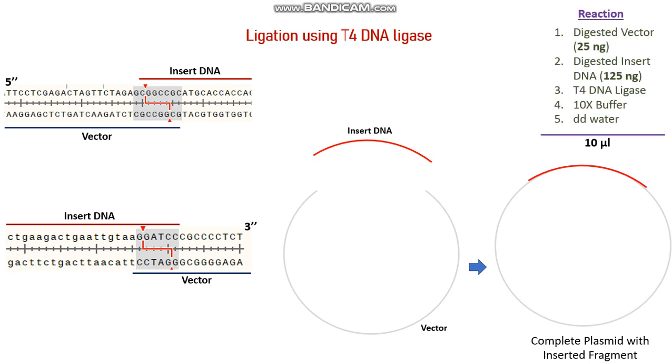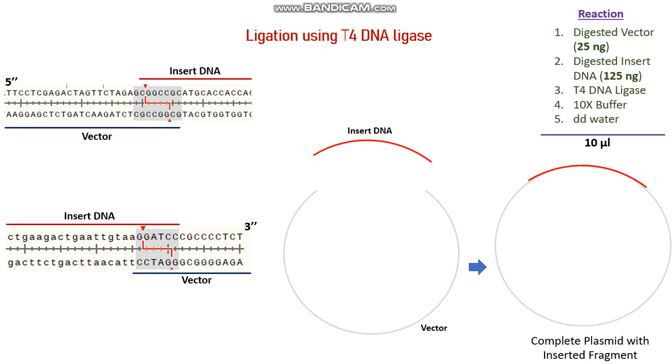Usually this is the reaction mixture you need to prepare: digested vector, usually 25 nanogram, digested insert DNA, 125 nanogram, along with T4 DNA ligase, 10x buffer and DD water up to 10 microliter.